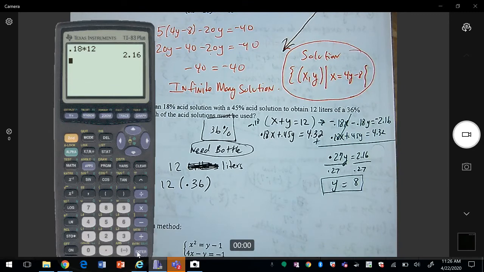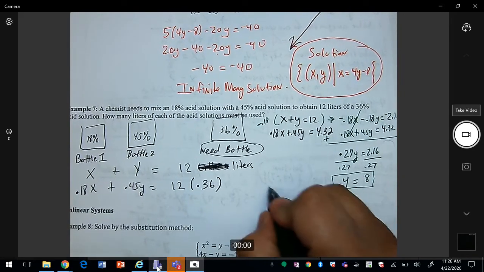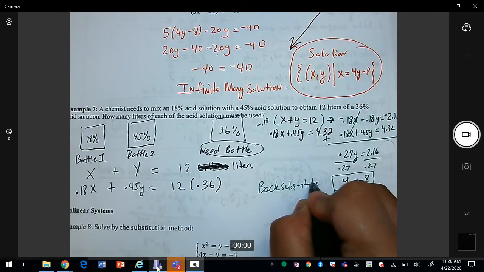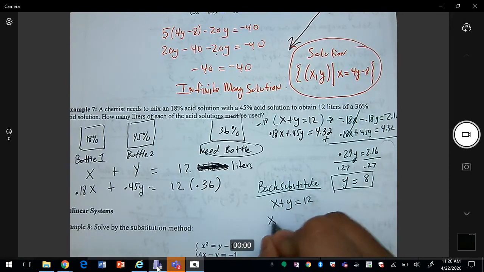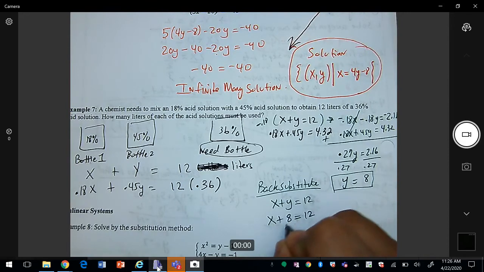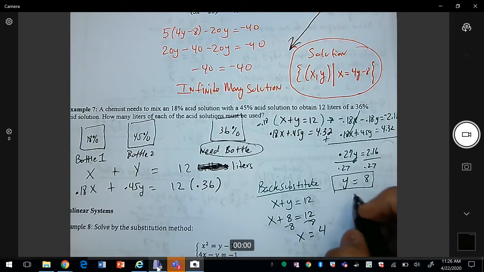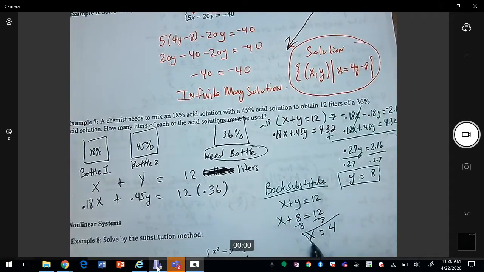Now that we know that y is 8, we can figure out x. I'm going to back substitute using the first equation. So we have x plus 8 liters of the second bottle is equal to 12. Subtract the 8, so x is 4.